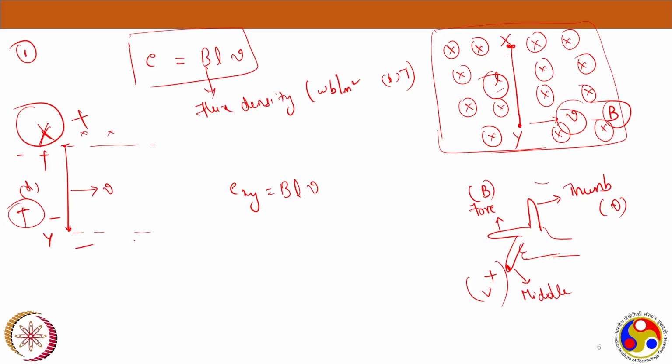With respect to X and Y, you are inducing a positive and negative here. It's like a battery, plus and minus. That's how the voltage generated will be BLV.